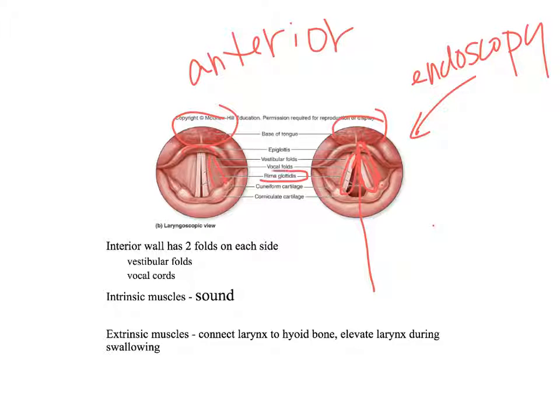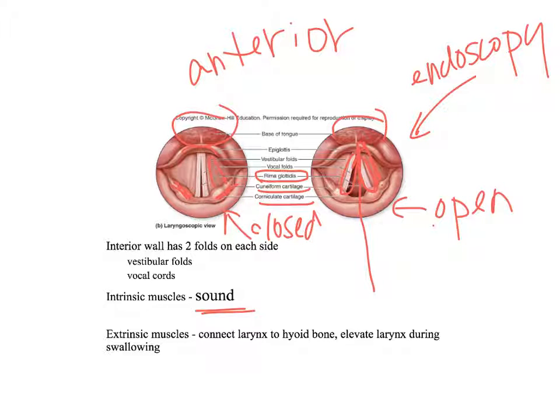The rima glottis is the hole, and the cuneiform cartilage and the corniculate cartilage are attachment points on the back. In this one, the vocal folds are closed, and on this image, they're open. This is where sound comes from.